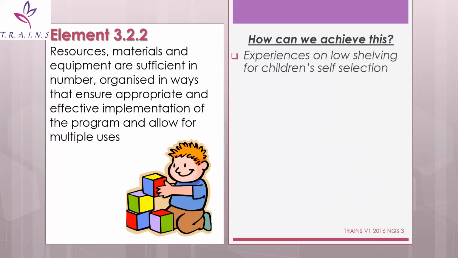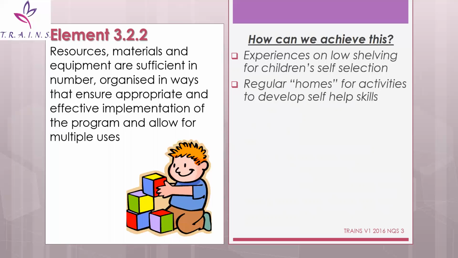Yes, for children's self-selection. So making sure that children do have access, that it is on the respective shelving. And making sure that you are putting the heavier objects on the lower shelf and maybe the softer little teddies or something on the very top. So making sure that it's still a safe environment for the children.